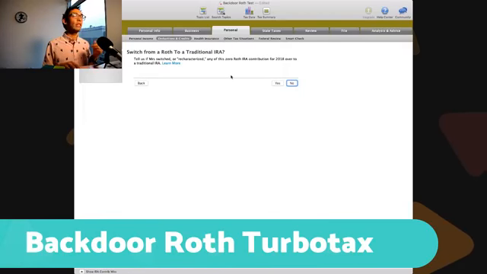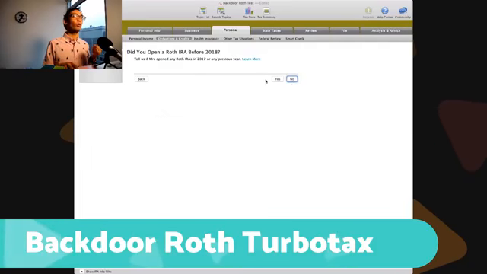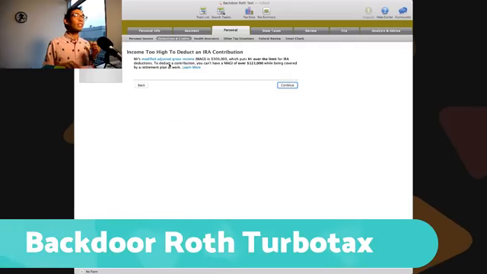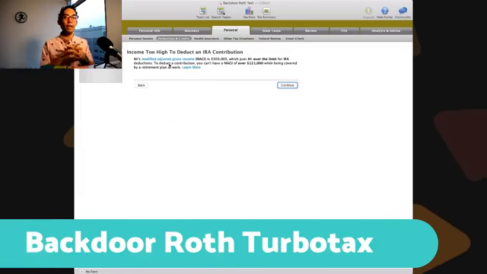Okay, we're going to do the same questions. Any recharacterizations? No. Did you open a Roth IRA in previous years? No. Okay, so now it says the income was too high to deduct an IRA contribution. Here it says Mr. 39.6's modified AGI was 300,000, and that puts him over the limit for making any IRA deductions, which we knew about.